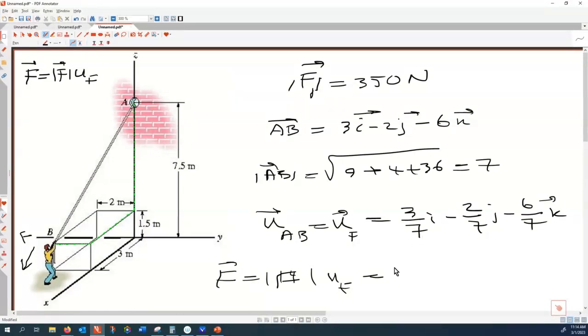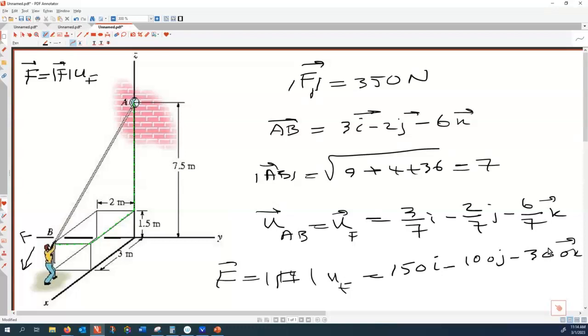So 50 times 3 is 150 i, minus 100 j, minus 300 k.